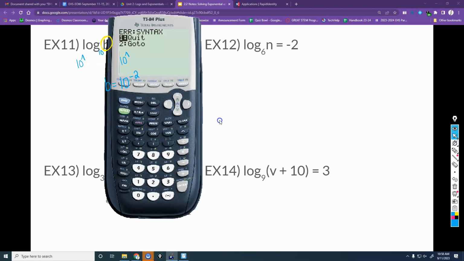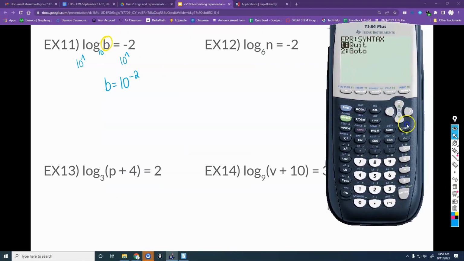It's 0.01, but we need to rely on the calculator for that right now. That's fine. I think we got to do something with them later. We get 0.01 or 1 over 100. So b equals 0.01. It would be good to plug that in and check it. I'm not going to right now because I want us to get to these other problems.